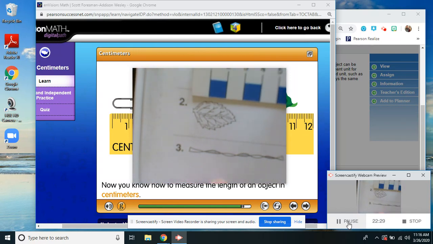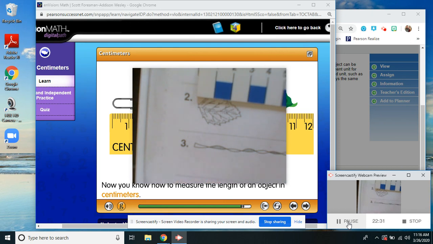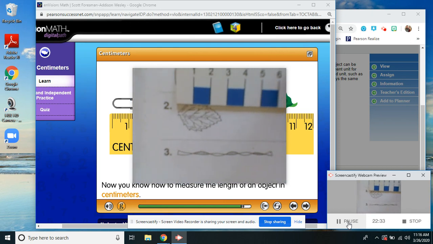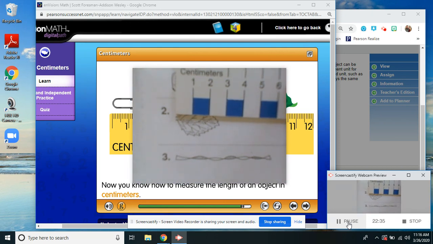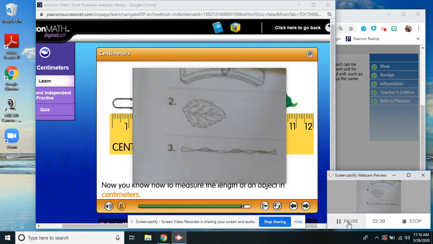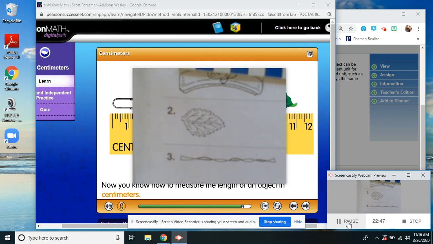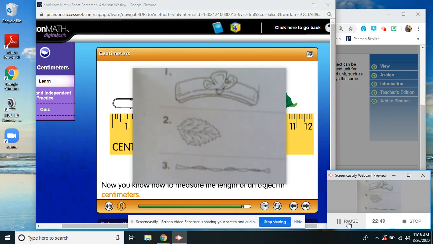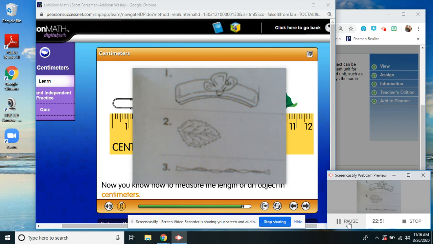Okay, for number 2, let's measure this leaf. All right, so for number 2, let's estimate. How many centimeters do you think this is? Ooh, it looks smaller than the barrette. So I would say I'm going to put down 2 centimeters.